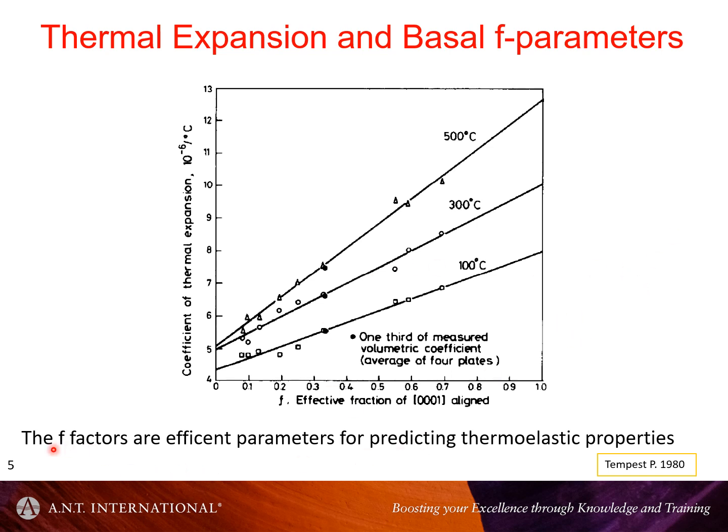And what Kearns did in his work at Bettis, he showed that if one computes the F factors for a given component, the coefficient of thermal expansion is linearly proportional to the F factor, and it changes with different temperatures, which is basically indicative of a non-linearity in the thermal expansion coefficient. As you go up in temperature, the slope of the thermal expansion coefficient, or the thermal expansion coefficient itself, increases.